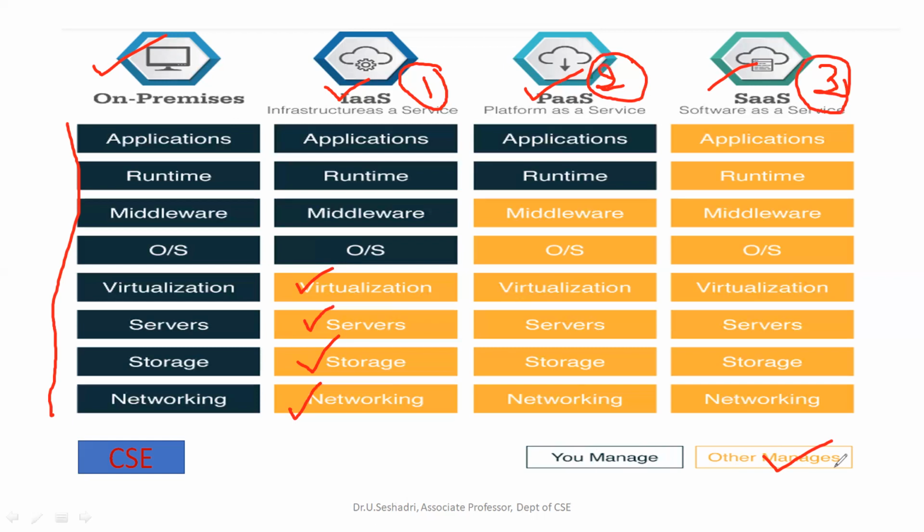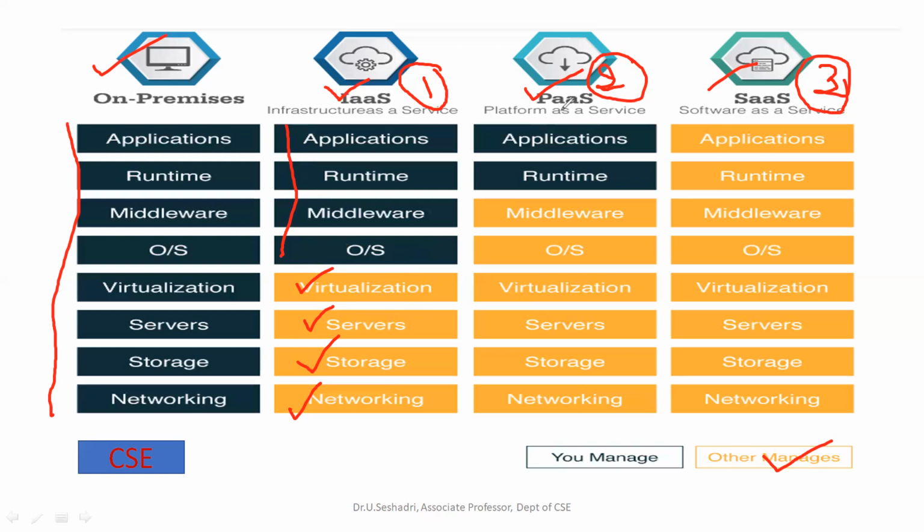Others are whoever provides the service, that is the provider. If we are using AWS, AWS has to manage networking, storage, servers, and virtualization. You don't need to worry about them if you are using infrastructure as a service. They are taken care of by the providers. Only we have to take care of the operating system, middleware, runtime, and the applications.